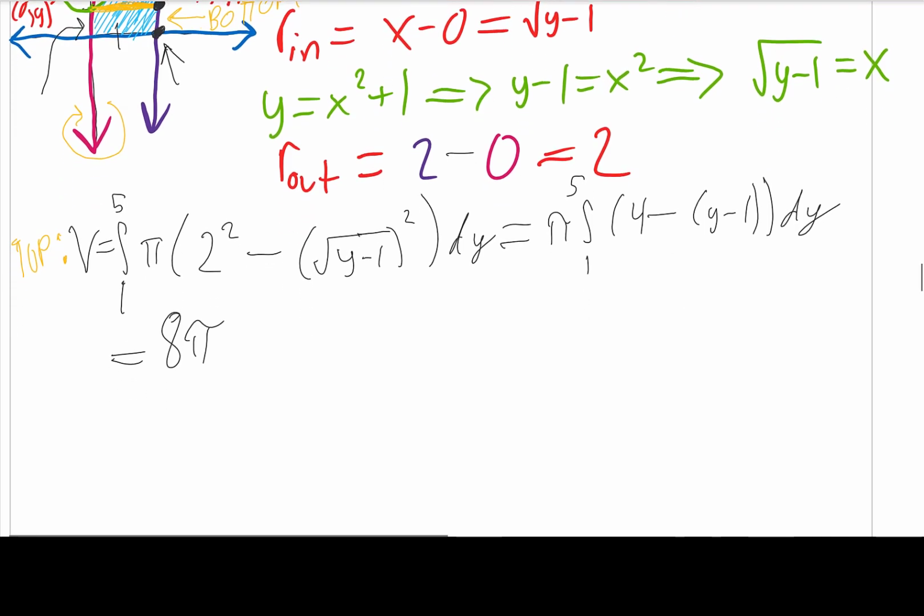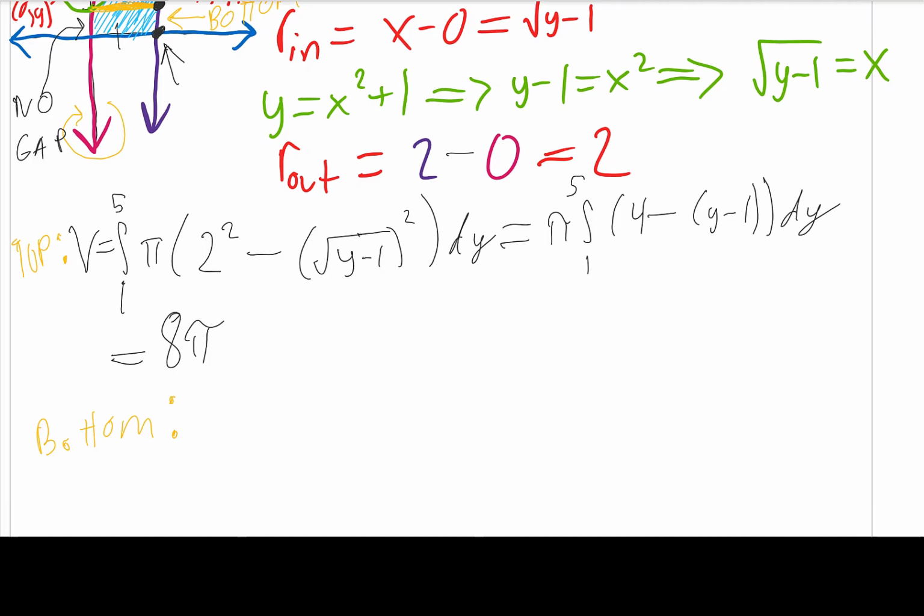Now we need to look at the bottom region. So now looking at the bottom region, there's no gap there. Sorry, I didn't write that in earlier. No gap.